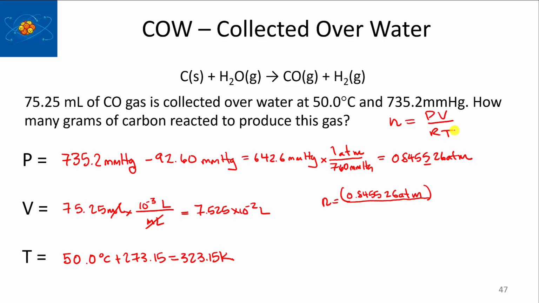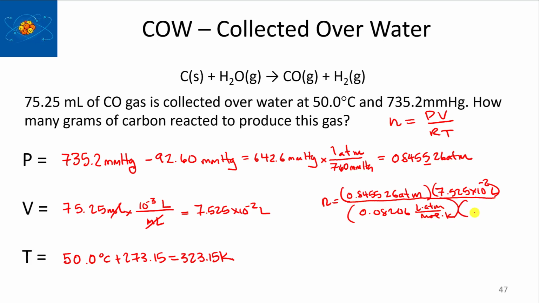I just rearranged the ideal gas law. And then my volume is 7.525 times 10 to the minus 2 liters, and then R is 0.08206 liters times atmospheres over moles times Kelvin.